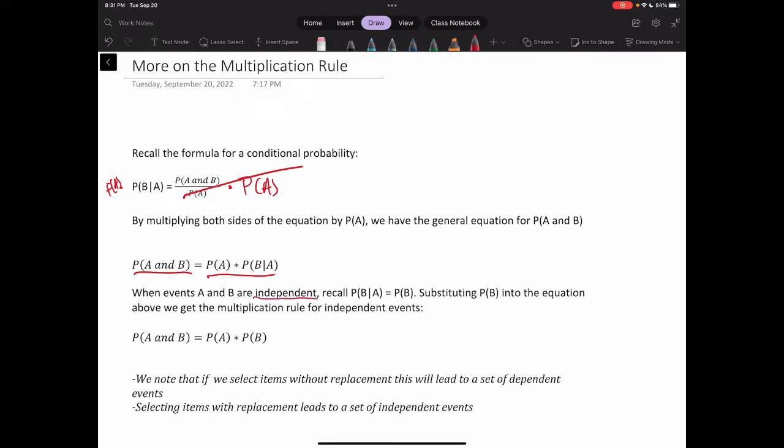And if you recall in our independent events video, we said that the probability of B given A must equal the probability of B. Well, if I substitute the probability of B for the probability of B given A into the above formula, you get precisely what was introduced to you earlier in the term, right? But for the sake of this particular homework, we're going to focus on this general form where our events are not necessarily independent of each other.